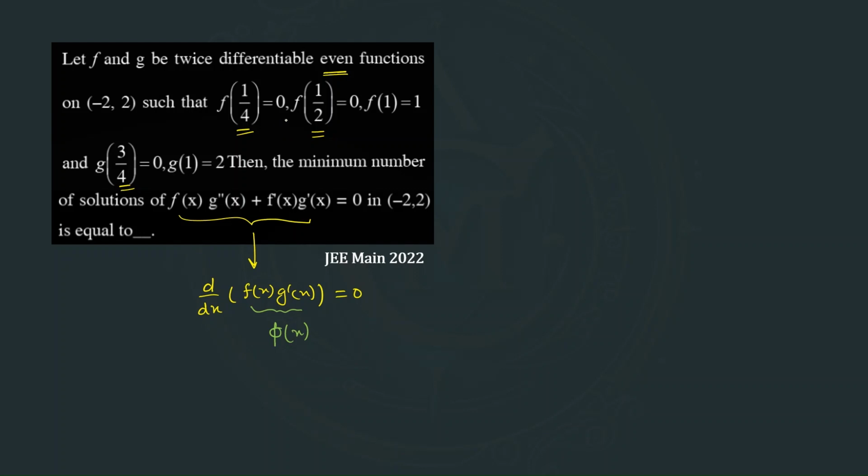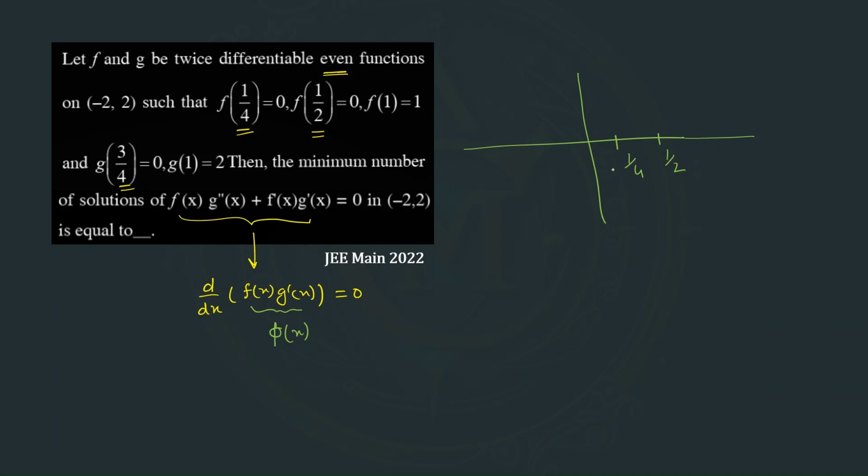Then we have to use this information. So f is even. Let us draw a rough graph of these functions f and g. f is even. So at x equal to 1 by 4, f is 0, and at x equal to half, f is also 0.